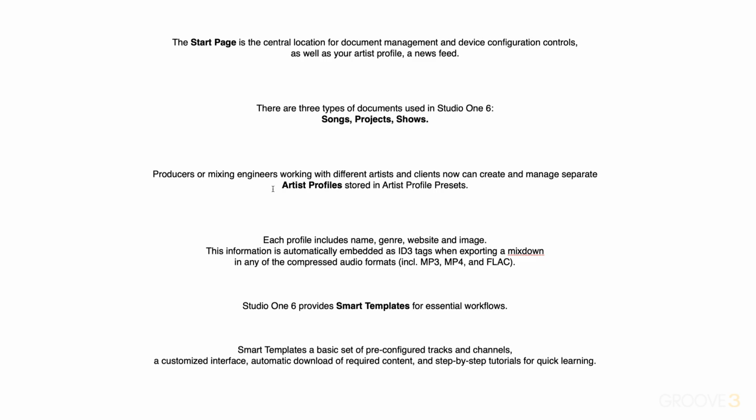And we can now manage multiple artist profiles with artist profile presets that contain information that are embedded as tags when we export mixdowns in any of these compressed formats. And we now also have smart templates for basic workflows, and they contain pre-configured tracks and channels, a customized interface, and they'll even download the content if you haven't already downloaded, and provide some basic tutorial starting points.